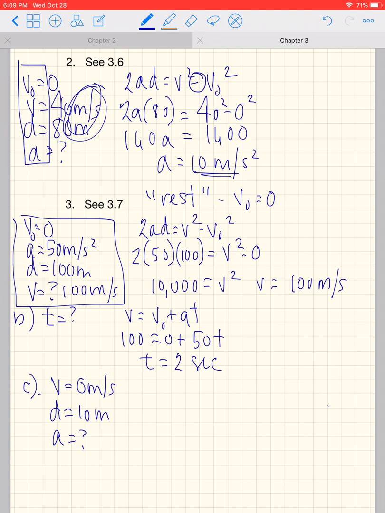I think that's all I'm given, so I feel like I don't have enough information. That's going to make me step back and say, what has the problem already told me? So I need to visualize this. If I'm speeding up, let's say I go from 0 to 60 miles an hour, and as soon as I hit the 60 miles an hour, I slam on my brakes. The final speed of the acceleration is 60 miles an hour.